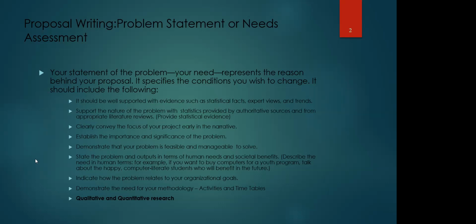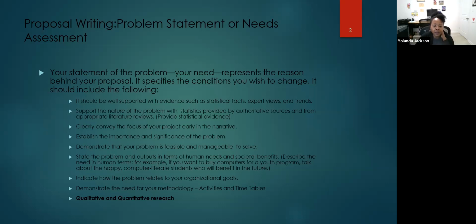Next, we have state the problem and outputs in terms of human needs and societal benefits. Describe the need in human terms. For example, if you want to buy computers for a youth program, talk about the happy computer-literate students who will benefit in the future. You want to indicate how the problem relates to your organizational goals.